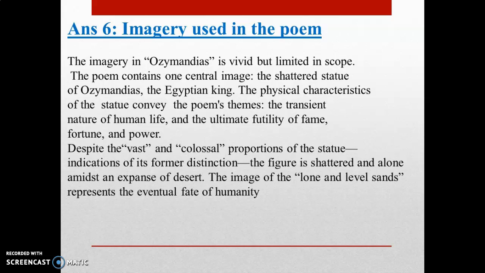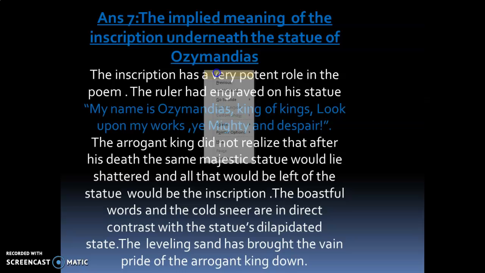Despite the vast and colossal proportions of the statue, indications of its former distinction, the figure is shattered and alone amidst an expanse of desert. The image of the lone and level sands represents the eventual fate of humanity.